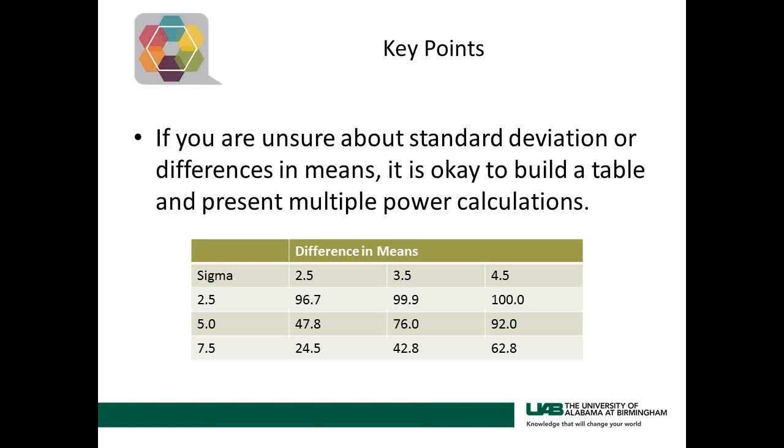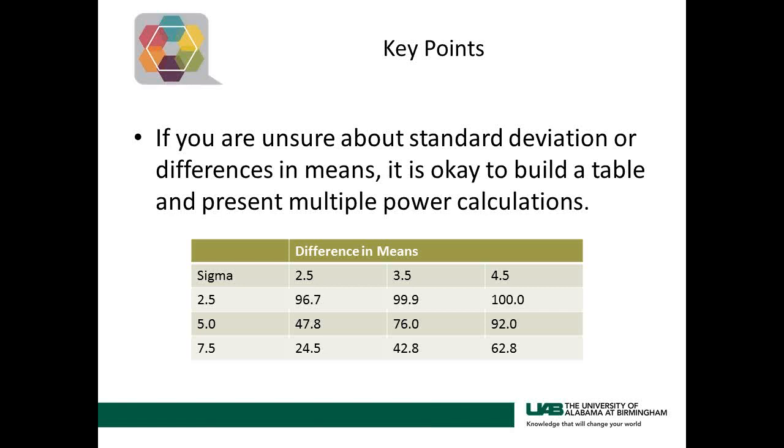So I always like to give those tables, and what I'll do in a grant application now, I will pick the one that the clinicians really believe, for example, the 92%, but then I will explain how the table helps people understand.